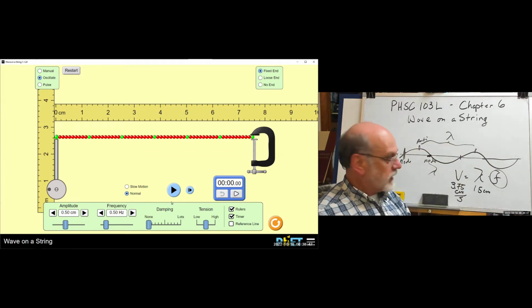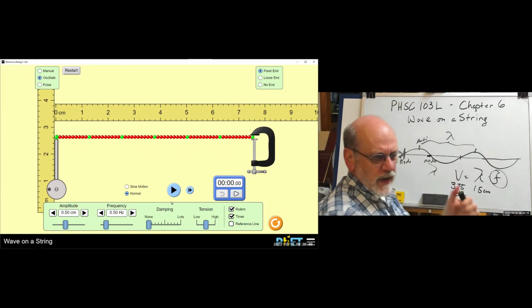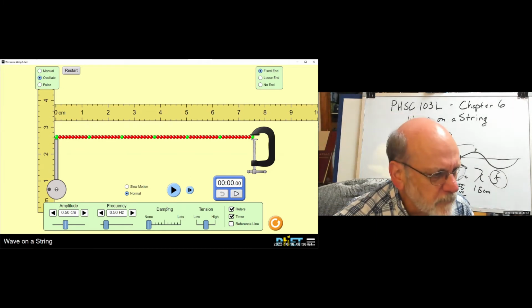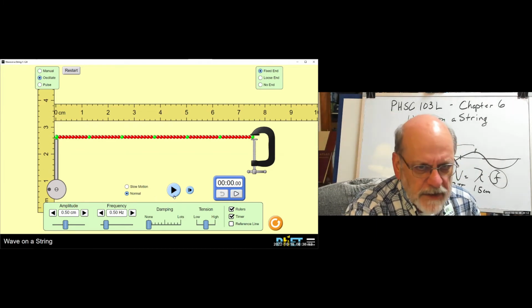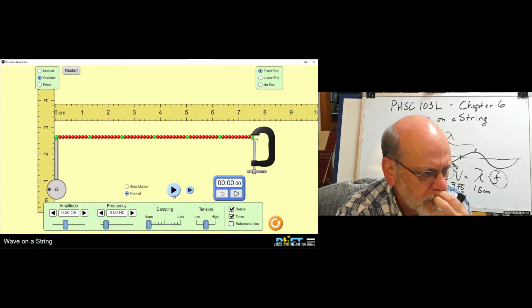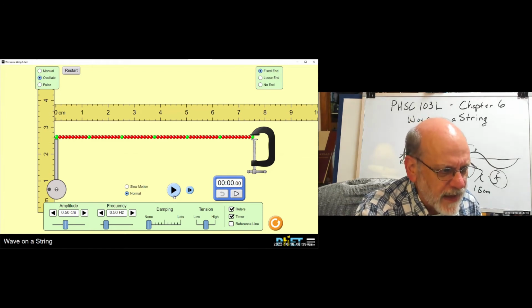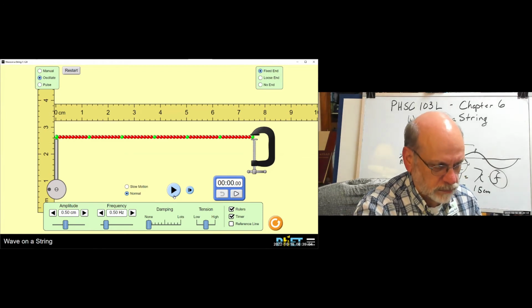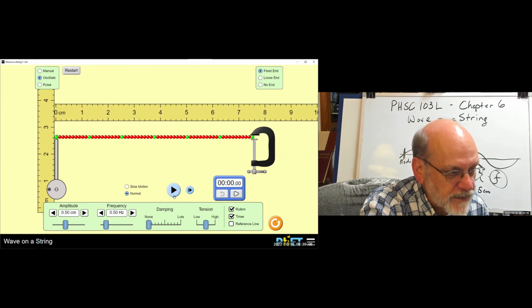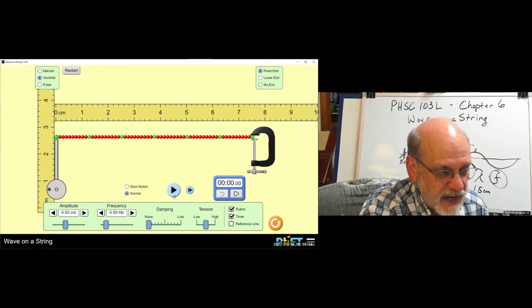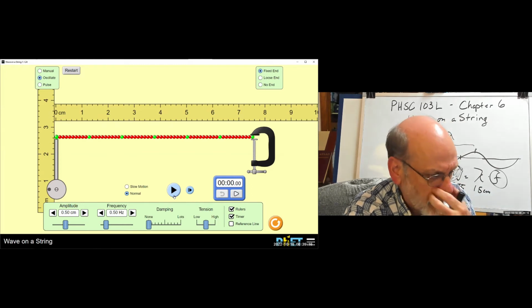For the second harmonic, well, let's see. I've talked enough. Let's run the simulator so you can get an idea of what's going to happen. Okay, there's the formula. Step 5, there's your velocity equals lambda times frequency.